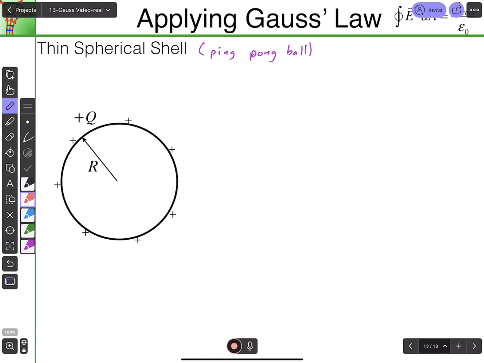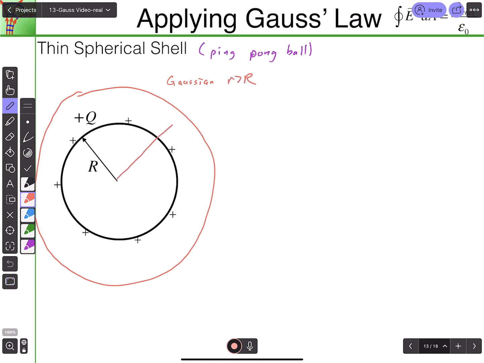All right, so I want to calculate the electric field outside, so I'm going to draw a Gaussian surface outside like this. So this is my Gaussian. I'm just going to say Gaussian because we don't have time to say Gaussian surface every time. When we're outside the sphere, at this point here, it has radius little r, and I'm assuming it's spherically symmetric, right?